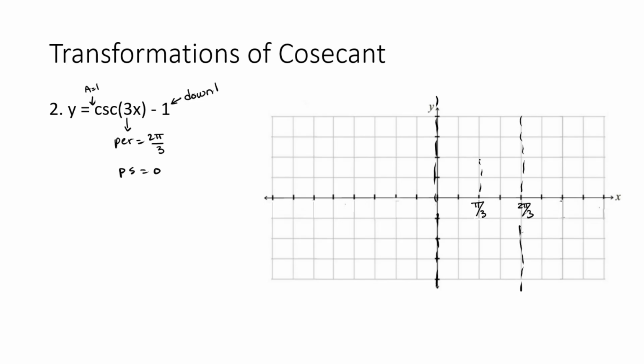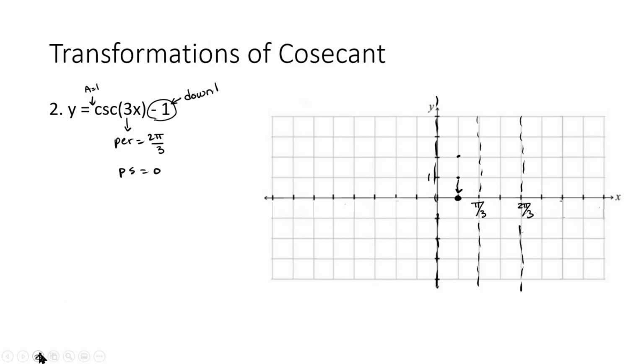The middle will be another asymptote. And then the middle between that is going to give me a point at 1. But we said we were going to move down 1, so I'm going to take that point and move it down 1 slot.